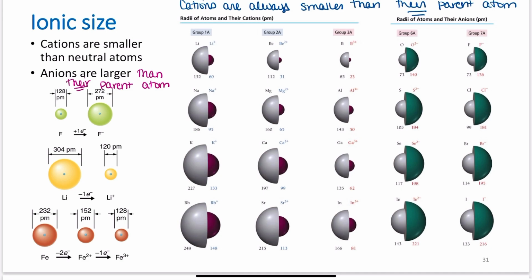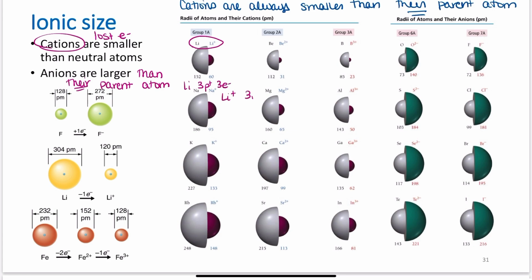Now, the reason for this, though, is think about what's happening here. If I form a cation, cations mean I lost electrons. So if I'm forming a cation somewhere and I've lost an electron, that means I have now one more proton in my nucleus than I have electrons in my atom. So for example, lithium versus lithium plus. Lithium has 3 protons, 3 electrons.